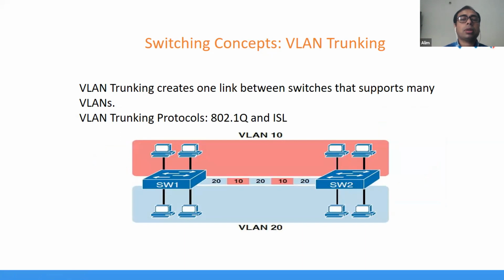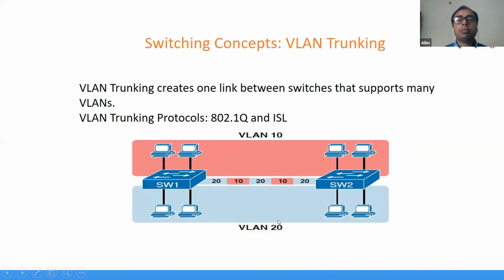VLAN and trunking is an important issue. When we connect two switches with a cable, that cable is used for carrying all the VLANs configured on the switch, and they are tagged.